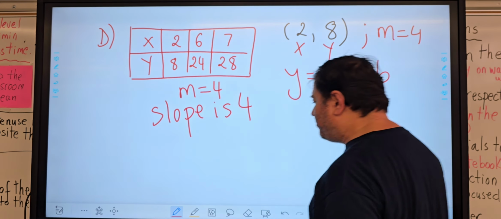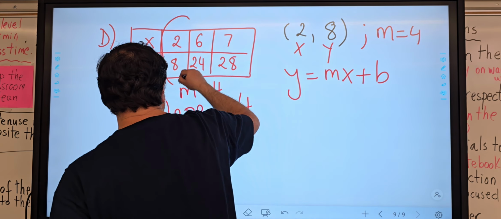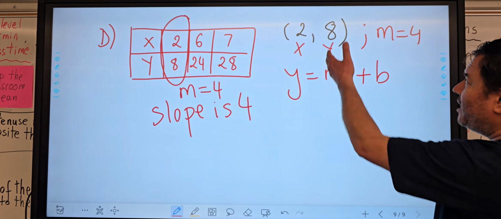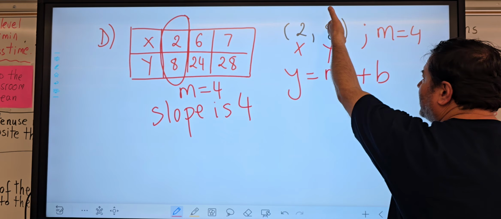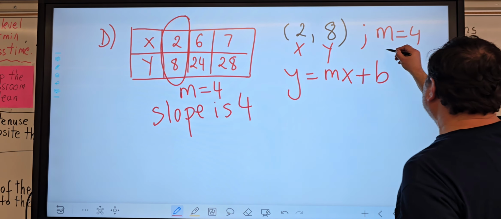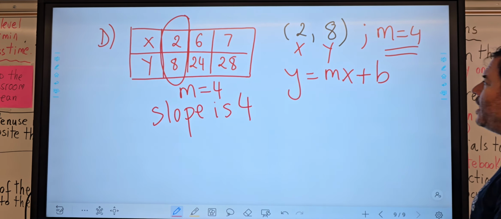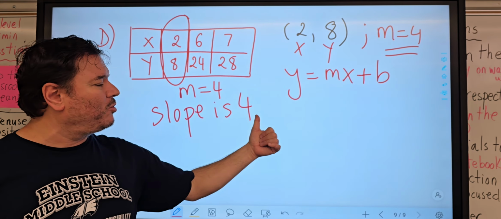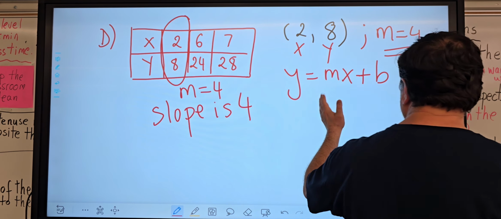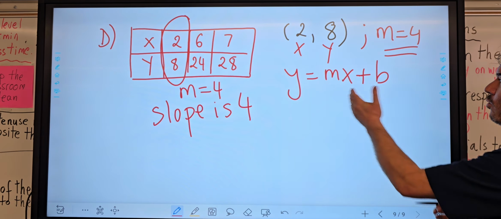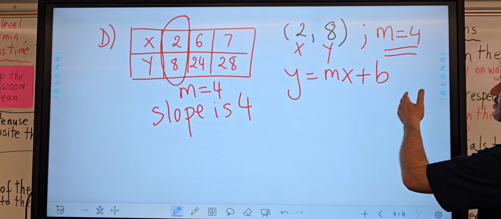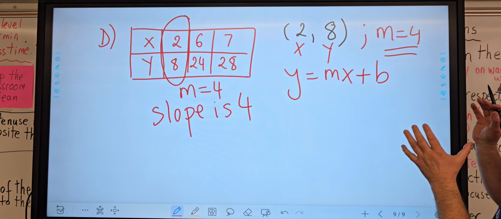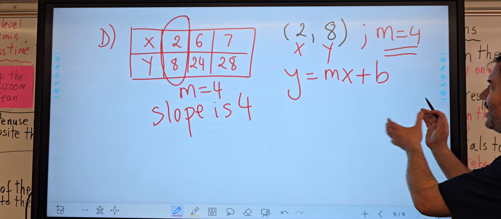So let's randomly pick an ordered pair. I picked 2 and 8. Let's label the 2 as x and 8 as y. We also know the slope, m equals 4. Let's use the slope-intercept formula, y equals mx plus b. Now let's solve for b, the y-intercept.